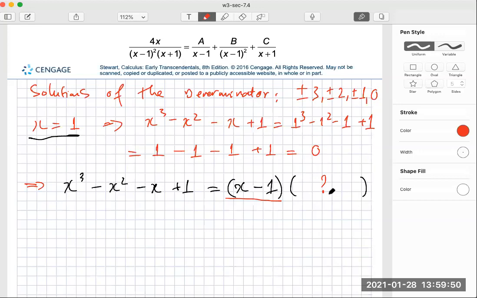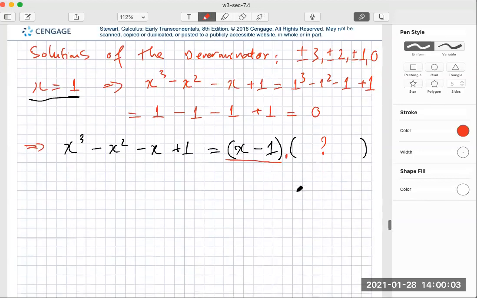Very good. Let us do the long division, right? It can be written as a product of these two. So it means when we do long division, the remainder should be 0. Okay.